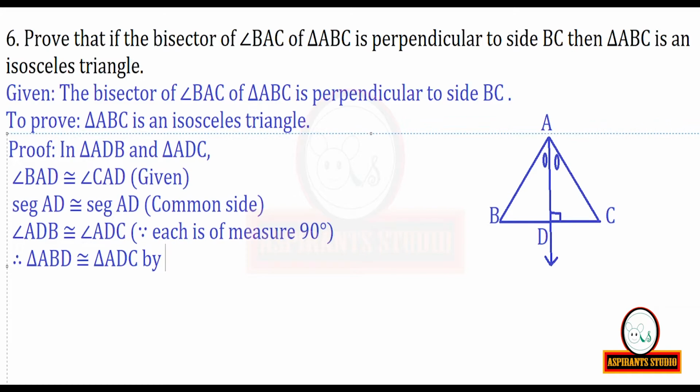Now we want the corresponding sides of congruent triangles. Segment AB is congruent to segment AC. Take this pair, segment AB is congruent to segment AC, because we want only that. This will be corresponding sides of congruent triangles.